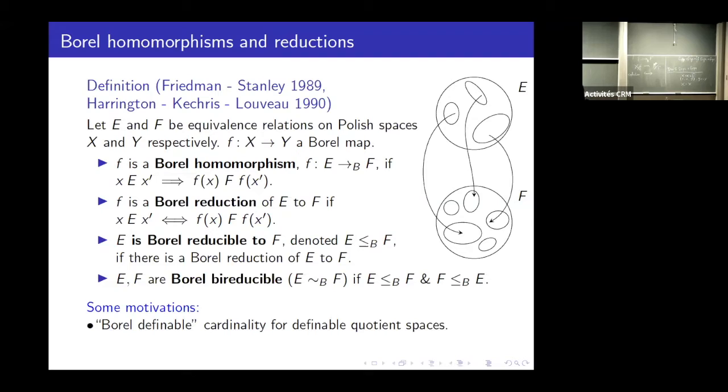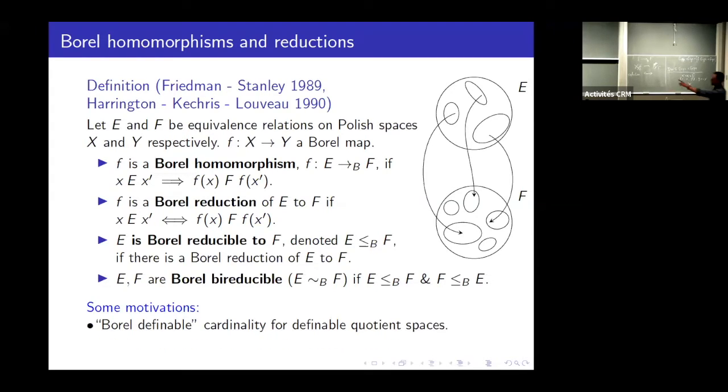Here we only look at Borel definable maps. So we're only considering maps showing up naturally in mathematics or definable in a reasonable way. And as we'll see later, the picture of cardinalities looks extremely different in this context. So it's a sort of definable, or in this case, Borel definable version.